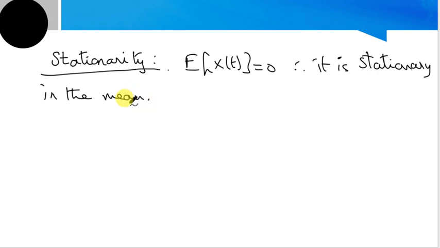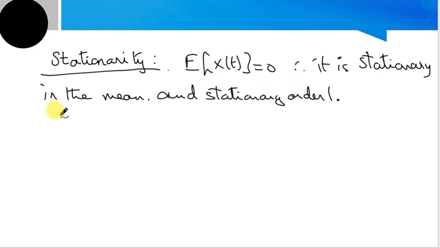And it is stationary of order 1. The first order densities are not a function of time. Because it is equal to 0, it is independent of time. Therefore, we claim that it is stationary.